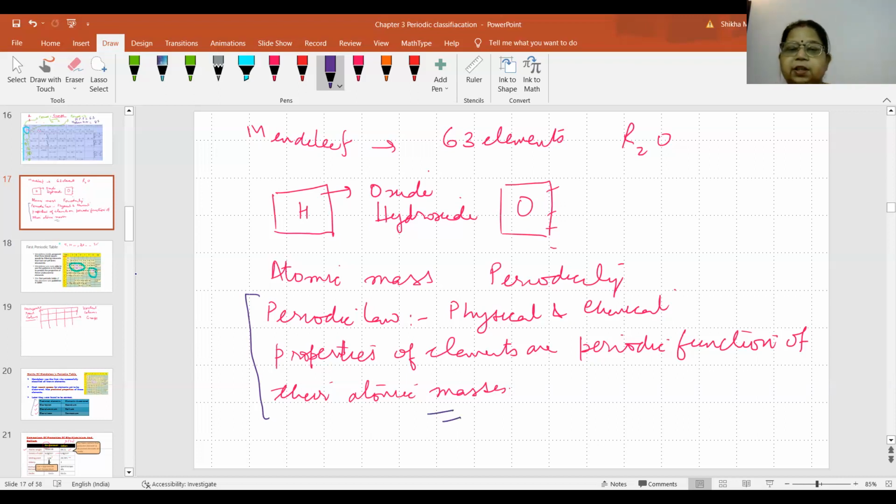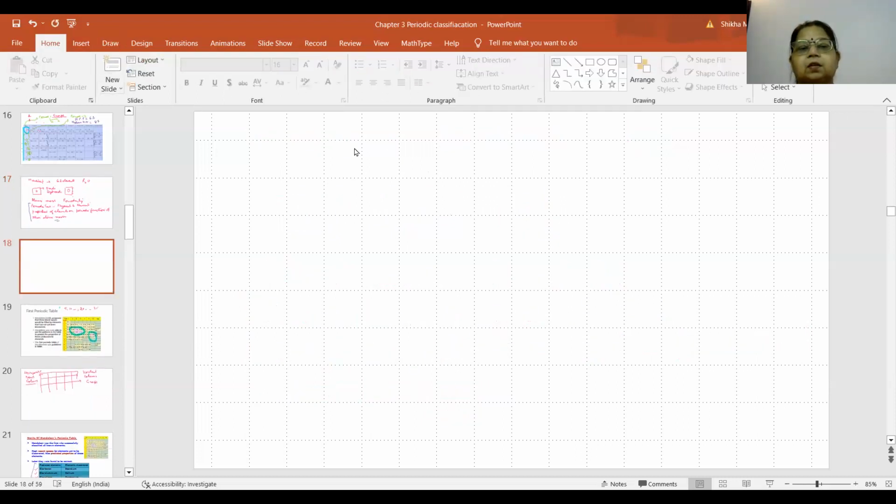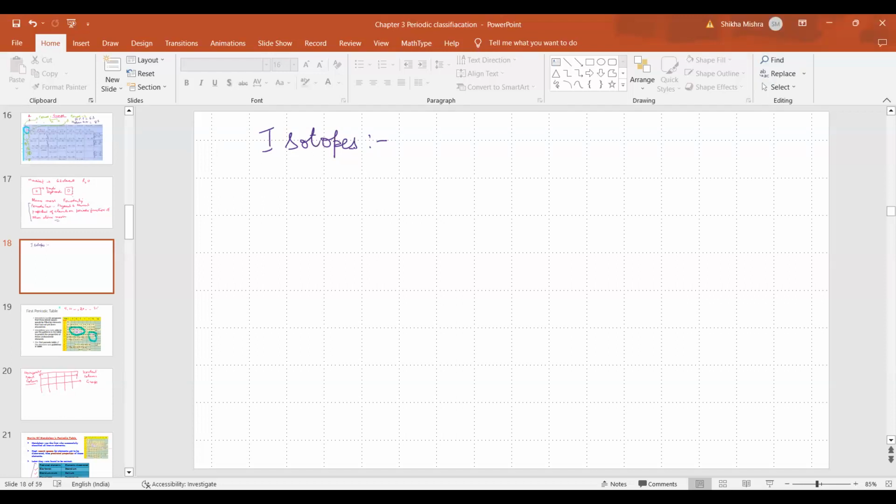Now we know that, have we discussed this term sometimes? Isotopes. Shweta, can you define isotopes for me? Yes, ma'am.